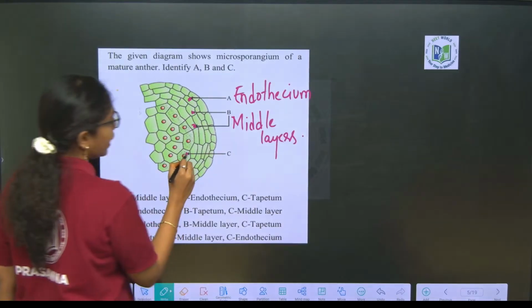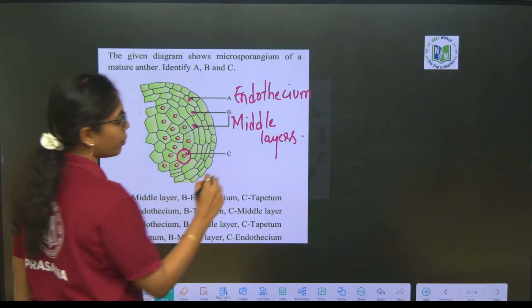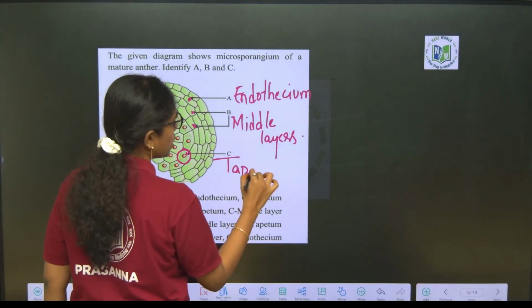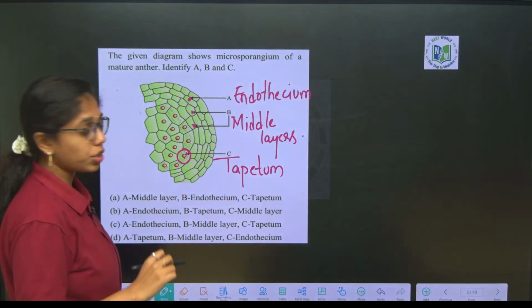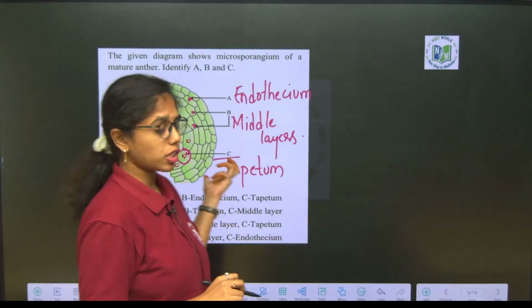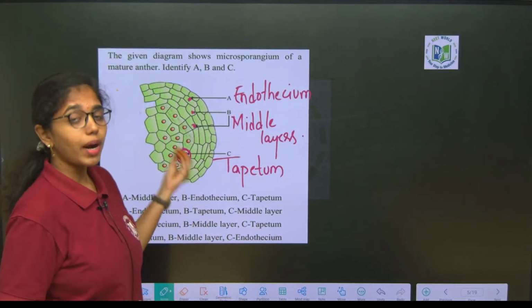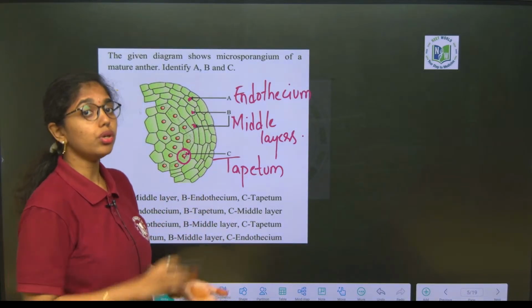And then the innermost layer will be the tapetum. Tapetum is binucleate or polyploid in condition, which provides nutrition to the sporogenous tissue.